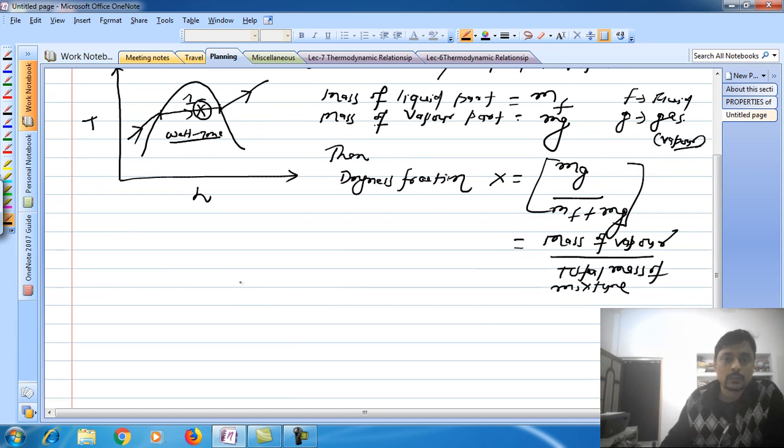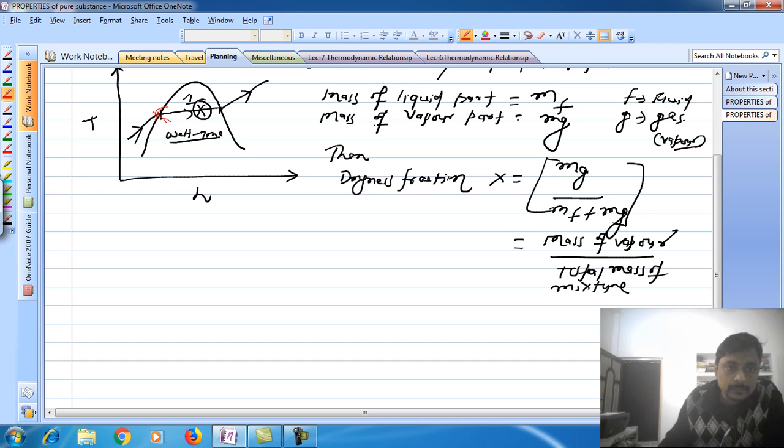This is all about the dryness fraction. So we need to understand what is the value of the dryness fraction at different points. Suppose that this is the point.